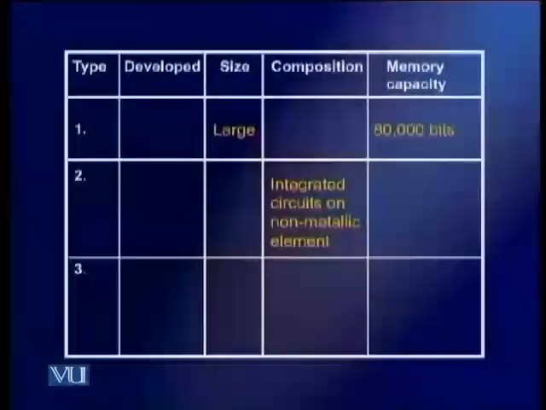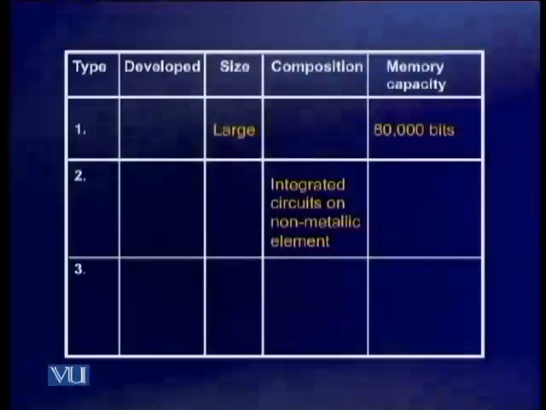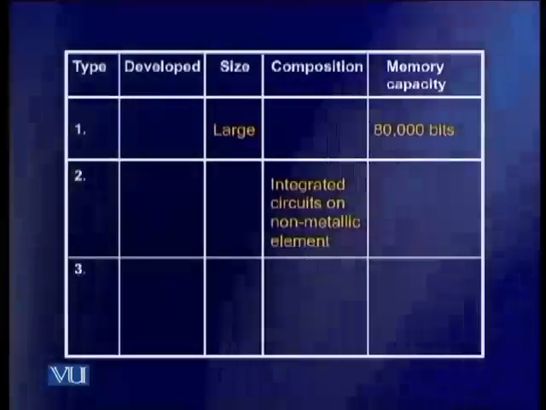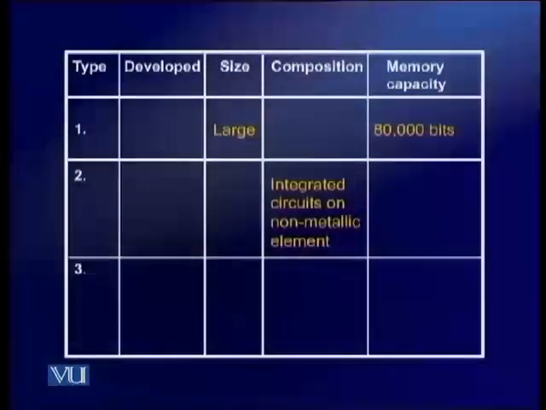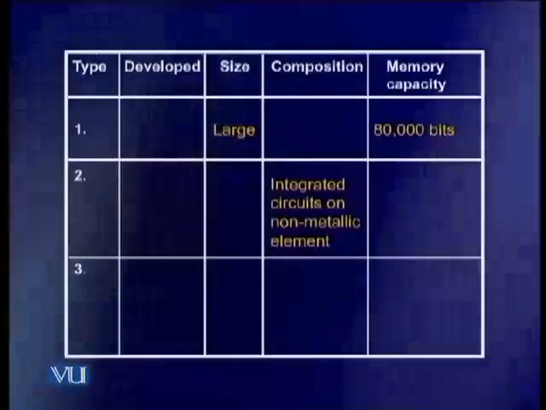You have to, using your knowledge of the text, fill in the gaps. In the first one, for size you have large. And then for memory capacity, it says 80,000 bits. And if you look down in number 2, it gives you the composition.